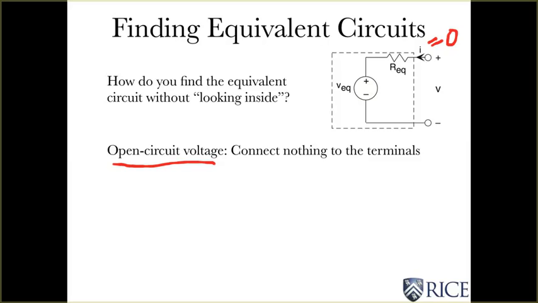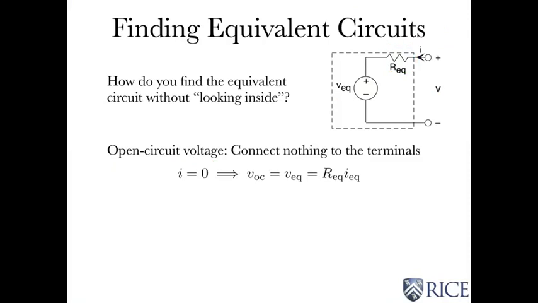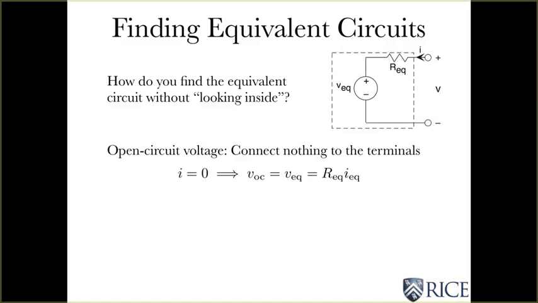Well, if you look at this equivalent circuit, if you set that current to 0, that means there's no voltage drop across that resistor. So V is just equal to VEQ. So if you do that for a real circuit, you just open circuit the terminals, don't attach anything, and just measure the voltage. That voltage that you measure is the Thevenin equivalent voltage.